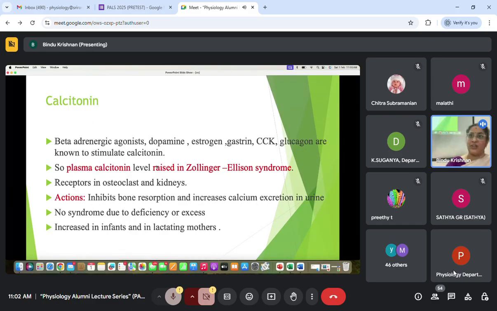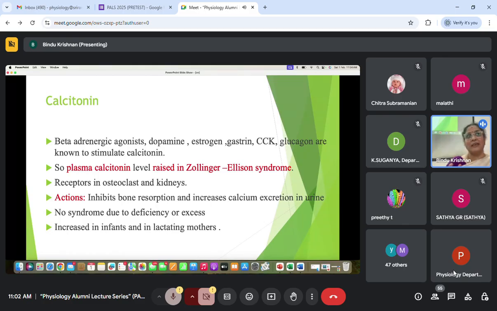So its action: in bone, it inhibits bone resorption, while in the kidney, it causes increased calcium excretion. Because remember, its mechanism comes into play only when my serum calcium is high. When it is more, it means I need more calcium out of my body. So that is how this is acting. But actually there is no syndrome named for a deficiency of calcitonin or an excess of calcitonin. But definitely it plays a role in infants and in lactating mothers.